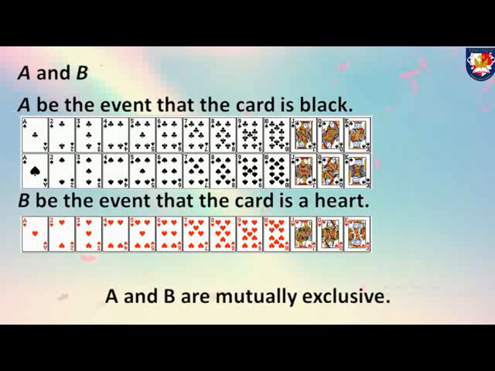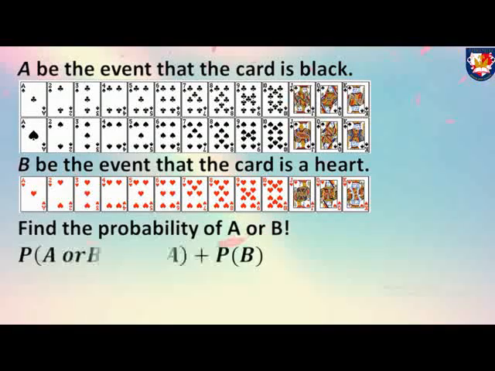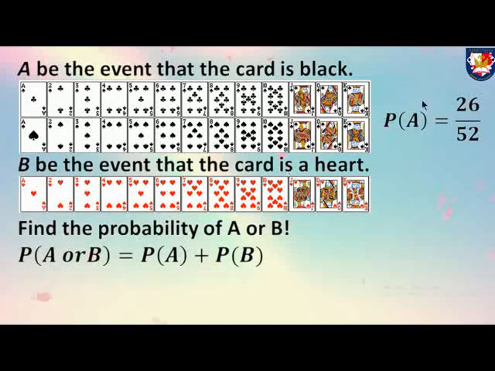So, how do we find the probability of A or B? Probability of A or B equals probability of A plus probability of B. Because they are mutually exclusive, we can add them together. Probability of A is 26 over 52 because there are 26 favorable outcomes. You can count here, out of 52, the total outcomes.